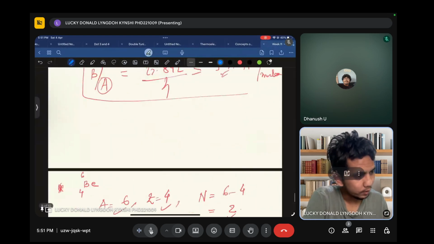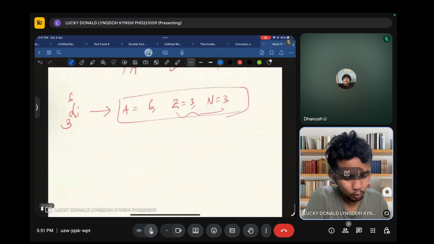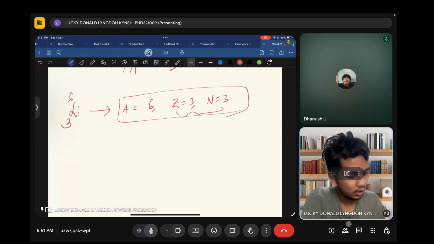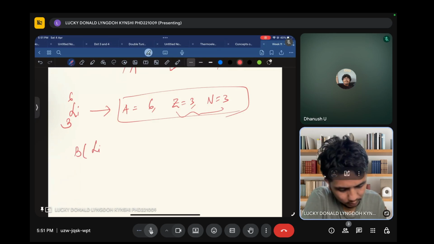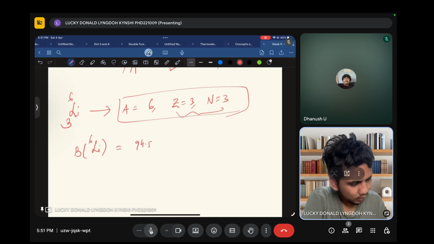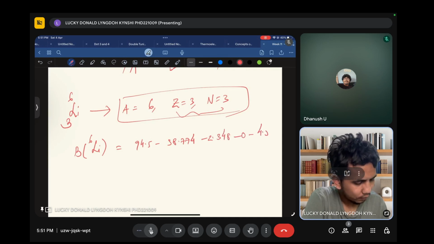So if you just substitute the value of A, the value of Z, and the value of N, you can conclude to be something like 94.5 minus 58.774 minus 2.348 minus 0 minus of 4.564.